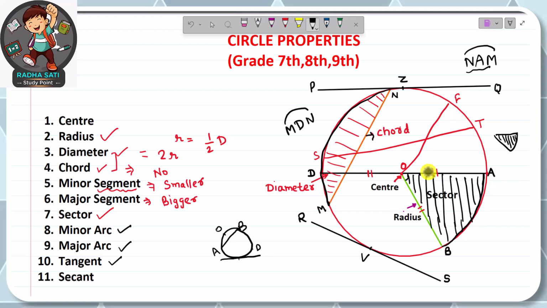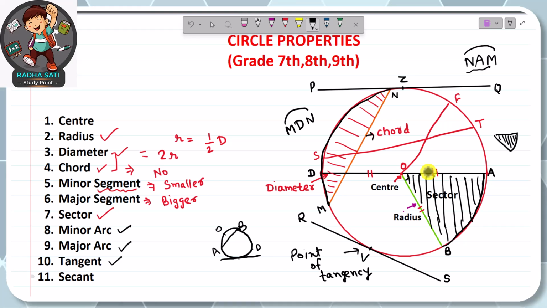Tangent means a line segment which only touches the boundary or circumference of the circle at a single point. And this point is known as the point of tangency. So we call it point of tangency. Similarly, here Z is the point of tangency.